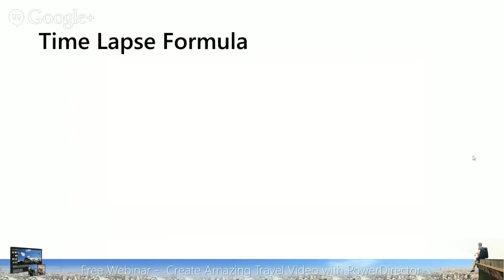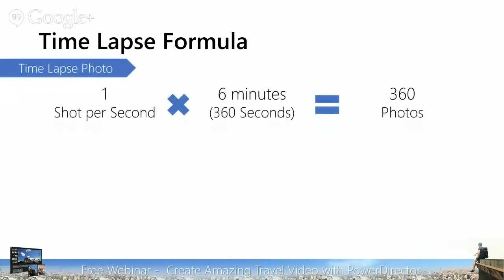Okay, so before we start, I want to quickly walk you through the formula behind the time-lapse video. As we say, time-lapse is composed of a series of photos taken at a fixed interval. So for example, if I'm taking 1 photo per second, which means for 6 minutes, I'll get a total of 360 photos.